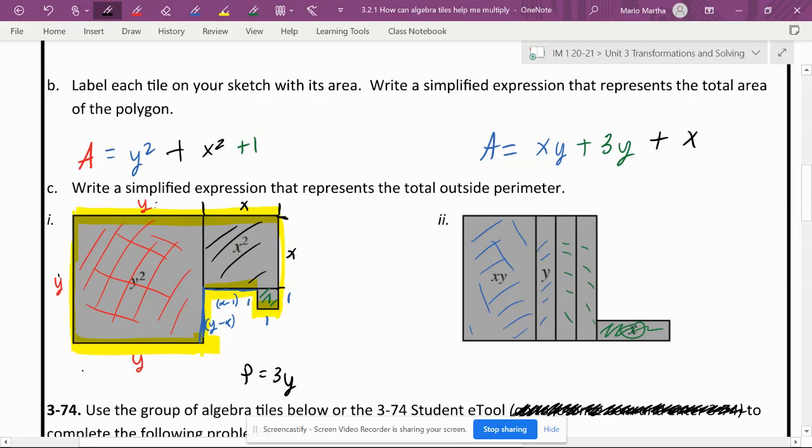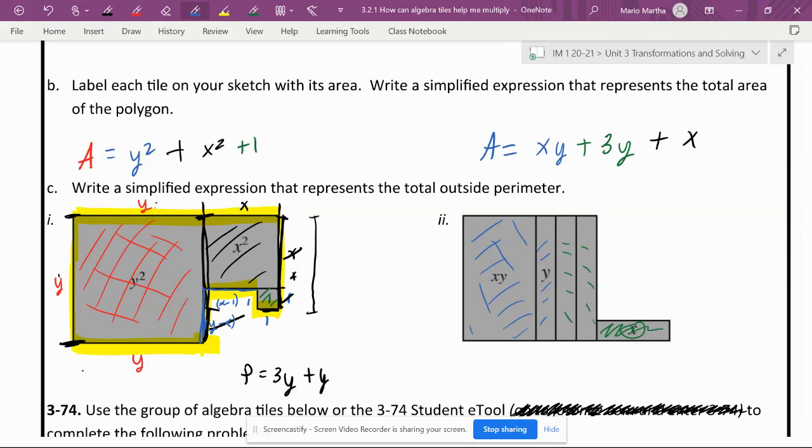So here, if you guys notice, the length of this part right here, and then this entire chunk plus this chunk, all the way from here to here, the x plus 1, and then this, the y minus x, is equal to pretty much just y, right? Because that's the width of our rectangle right there. So I have another y right there. So that takes care of this, and of that, okay?